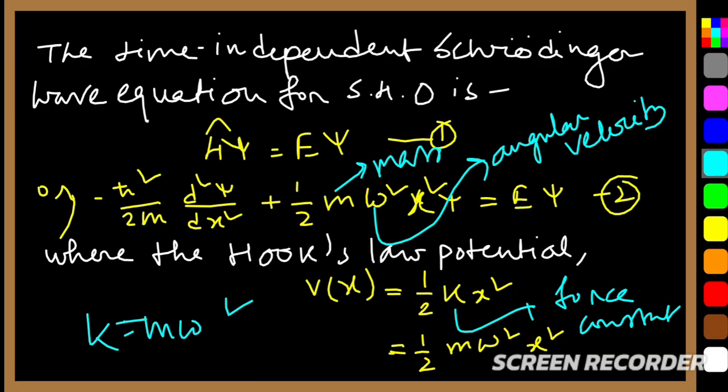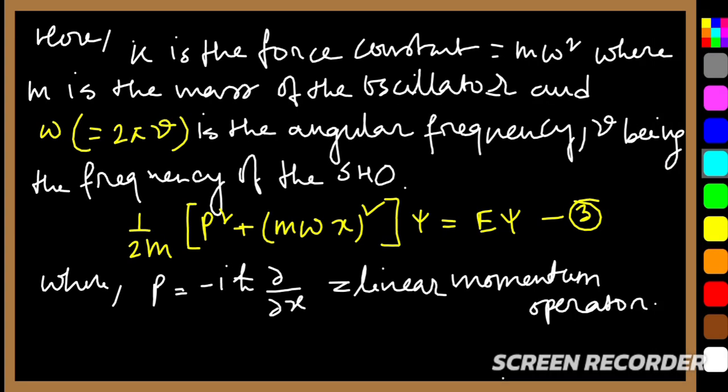So K is the force constant, that is equal to m omega square. So where m is the mass of the oscillator, যেখানে m হলো oscillator mass, তো omega equal to 2 pi nu, right? Nu is the frequency, angular frequency.